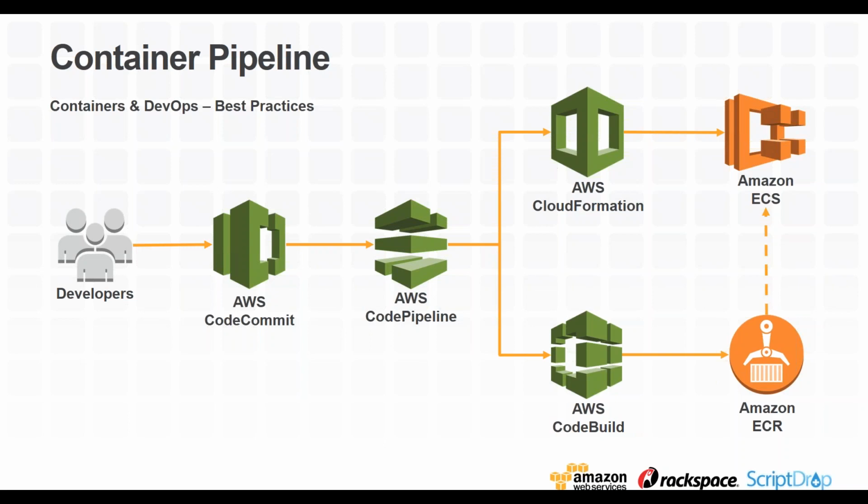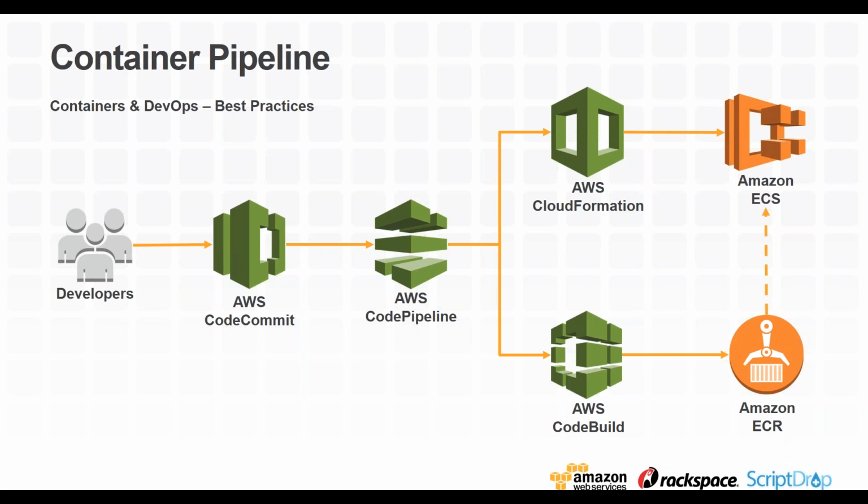That CodePipeline then sends that new revision to CodeBuild, in this case, which builds the Docker container image from the source code located in the repository. AWS CodeBuild then pushes that newly built Docker container image to an Amazon ECR repository.